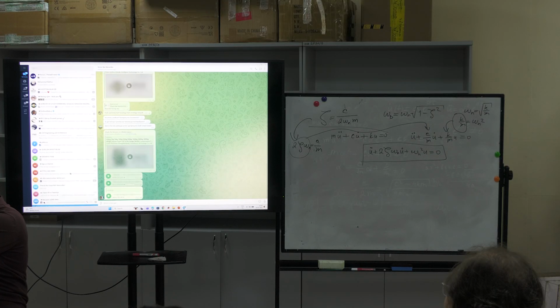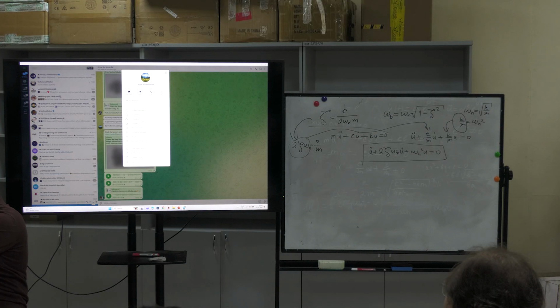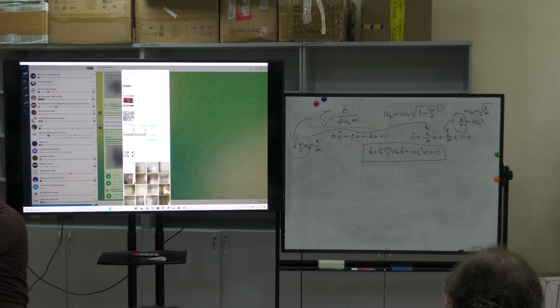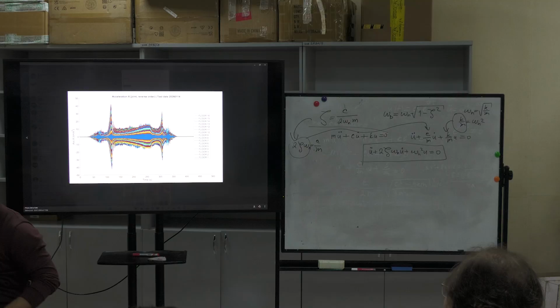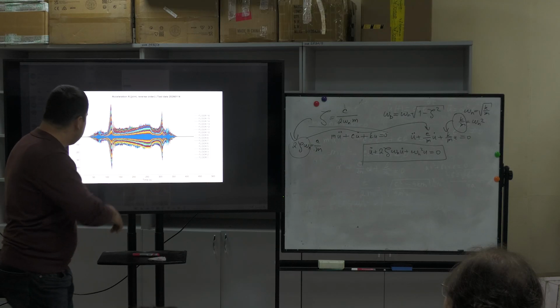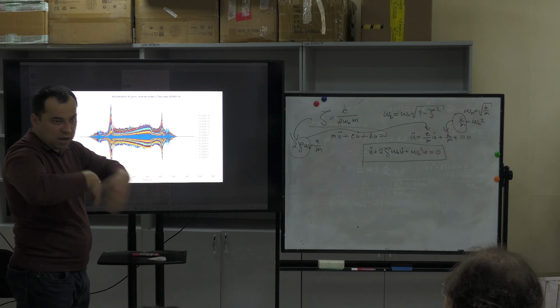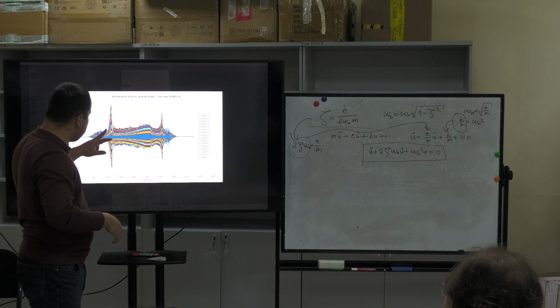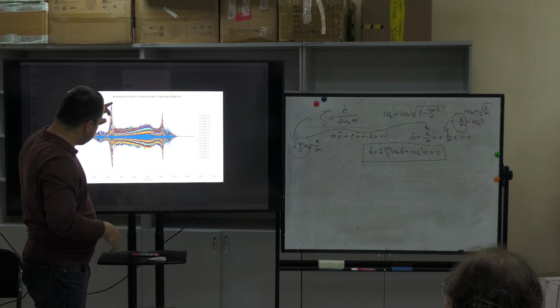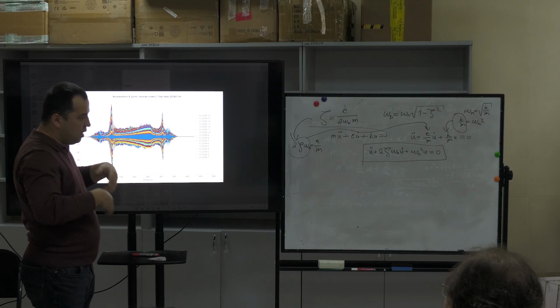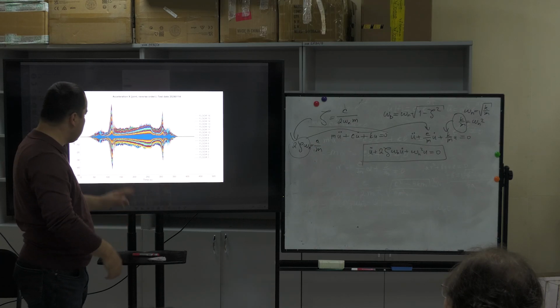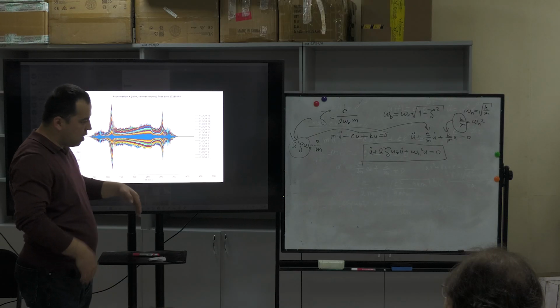Okay, here are some of my colleagues. Let me open this picture. You see that? When I have this eccentric shaker and try to move the building, it's going up, up, up, and again, if I go to less than or more than the natural frequency, it's going down suddenly.